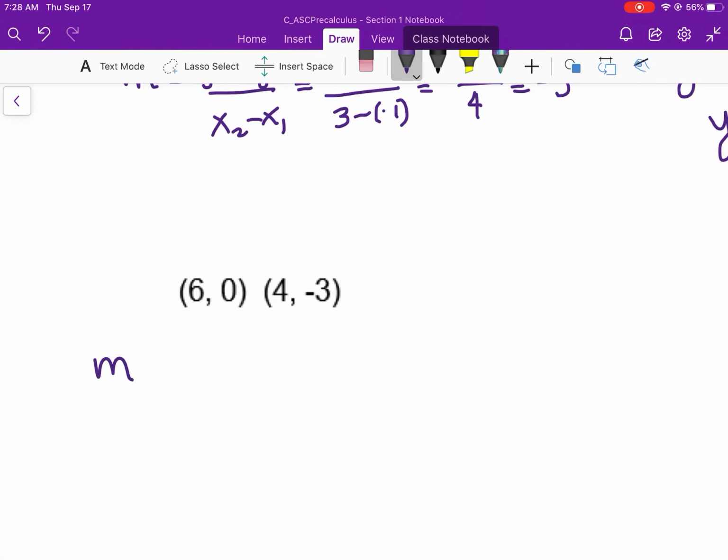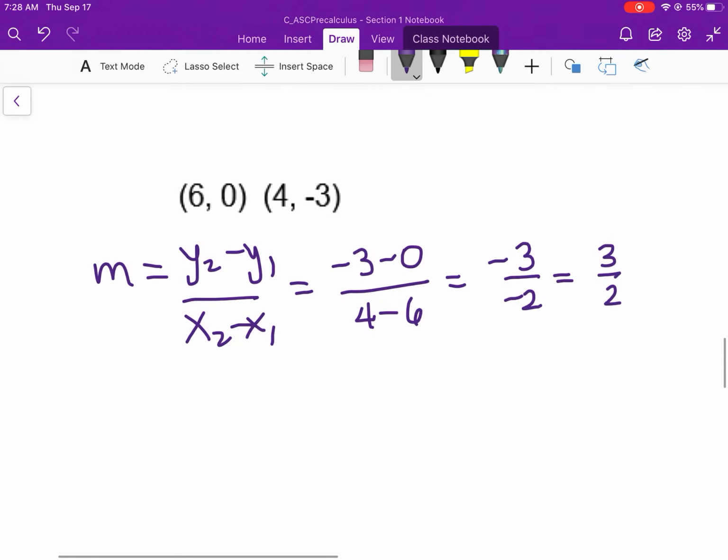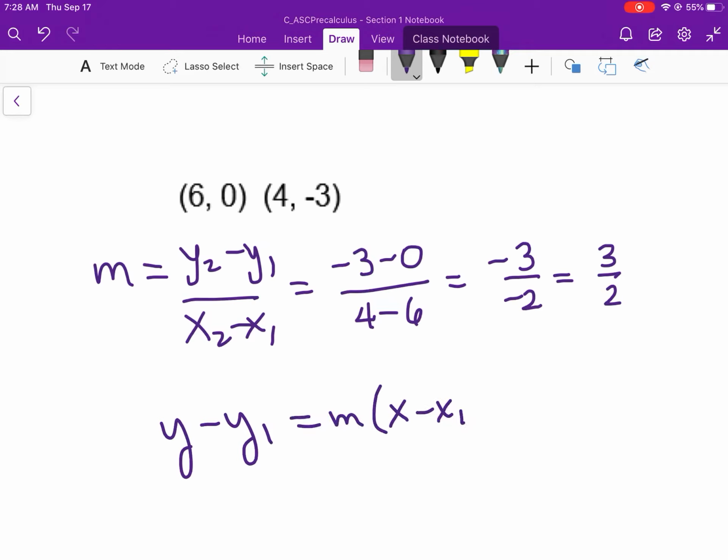Okay, last one here with the 2 points. Find your slope first. m equals y2 minus y1 over x2 minus x1. So that's -3 minus 0 over 4 minus 6, which leaves me -3 over -2, or 3/2. And now I'm going to use the 0 because why not? y minus y1 equals m times x minus x1.